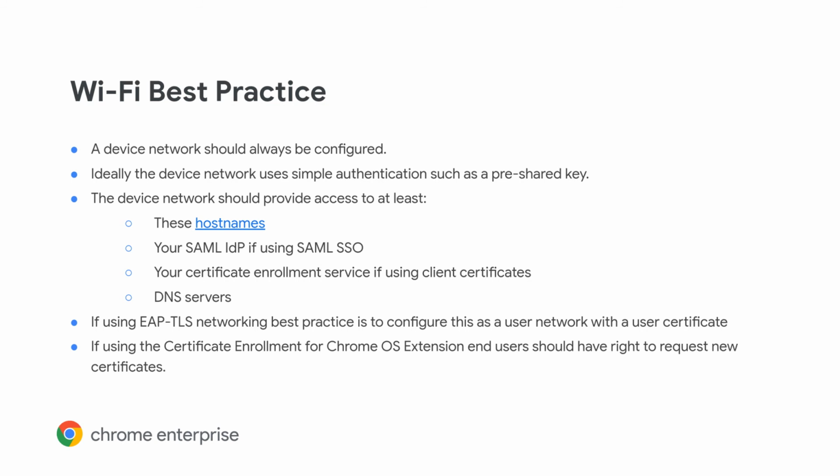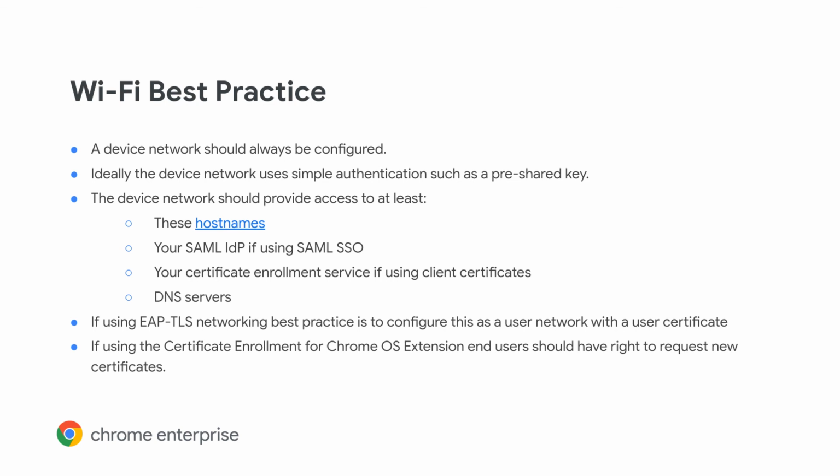So a guest network would be more than suitable for this purpose and would use a simple authentication such as a pre-shared key. The device network should always provide access to at least a list of host names that you can find on the link, which we are providing on this slide. And also if you're using SAML SSO, the device level network should have access to the SAML IDP so that you are able to log in.